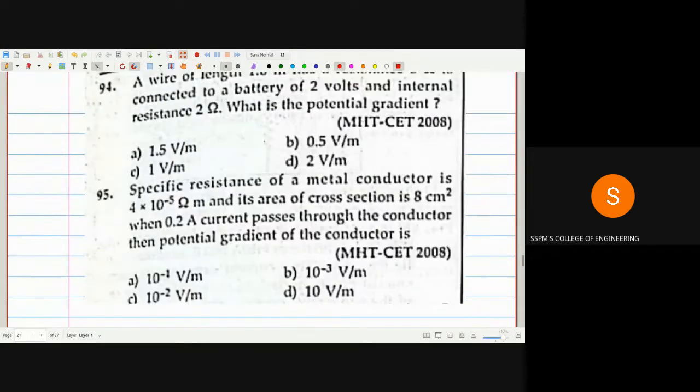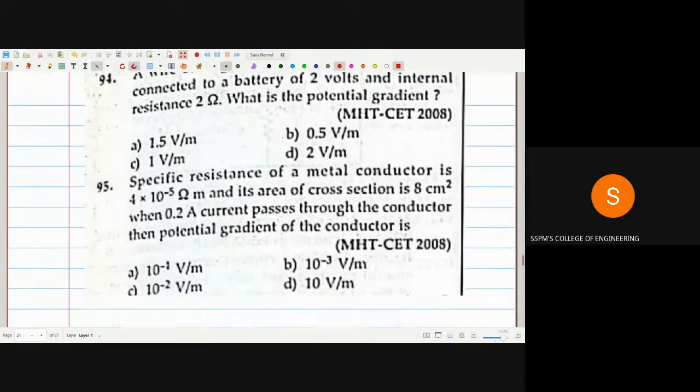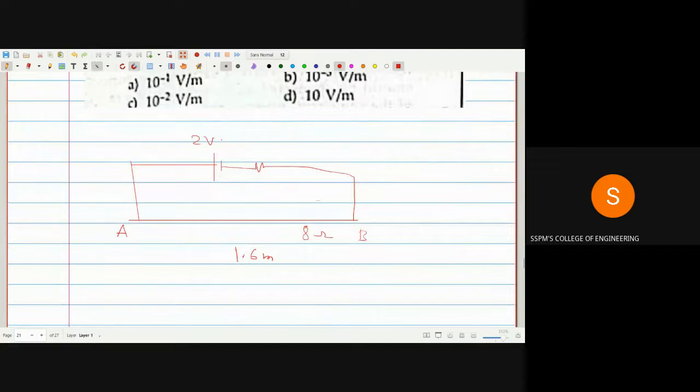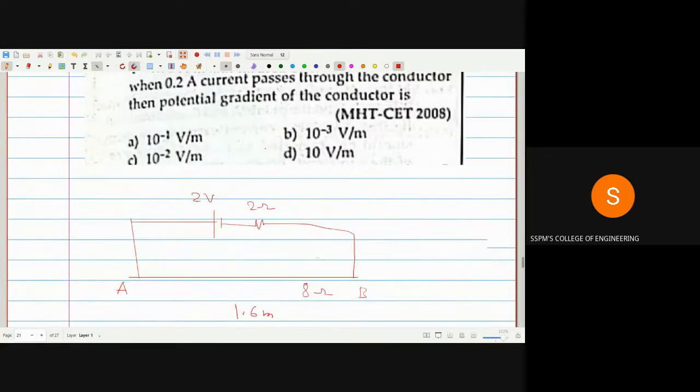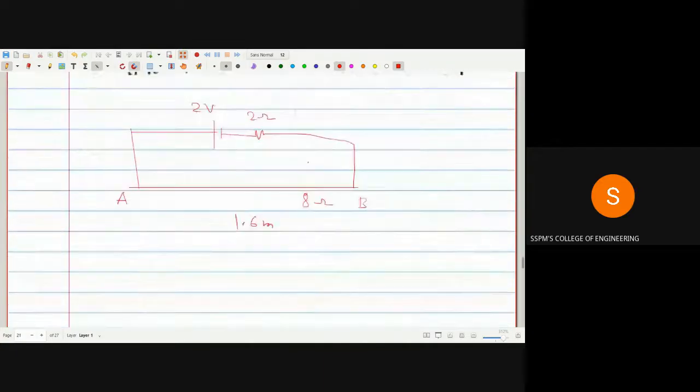The battery is of 2 volt, and the internal resistance is 2 ohm. What is the potential gradient?